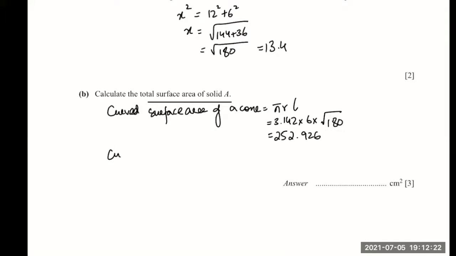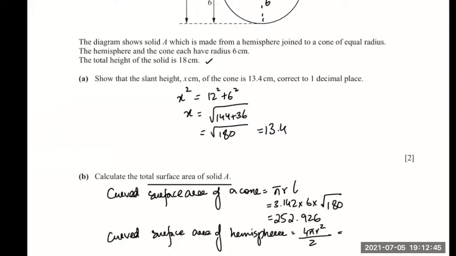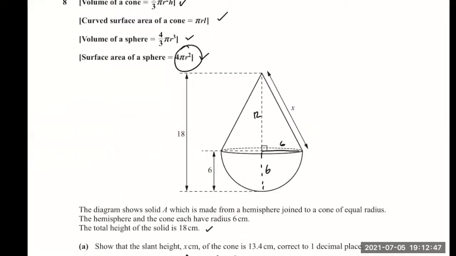Then I'm going to say curved surface area of hemisphere. Okay, and that is going to be 4 pi r square divided by 2, because the complete surface area of a sphere is 4 pi r square.